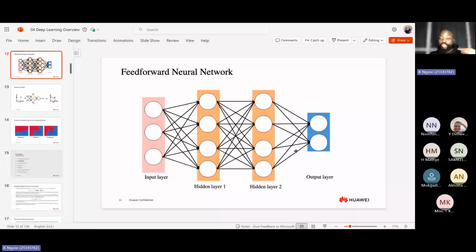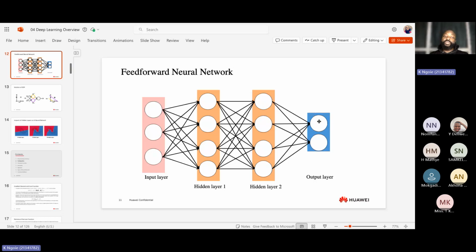So if we're dealing with a classification problem, in the last layer you need to use a softmax function. Whatever information was coming from the previous layer, it's going to convert into a value between 0 and 1. And that will determine if you're going to go with option 1 or option 2.